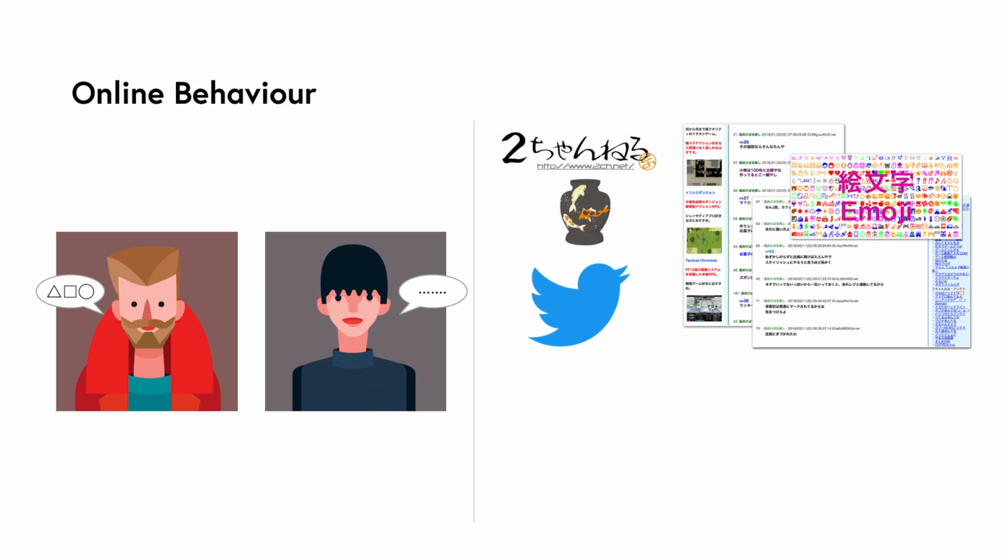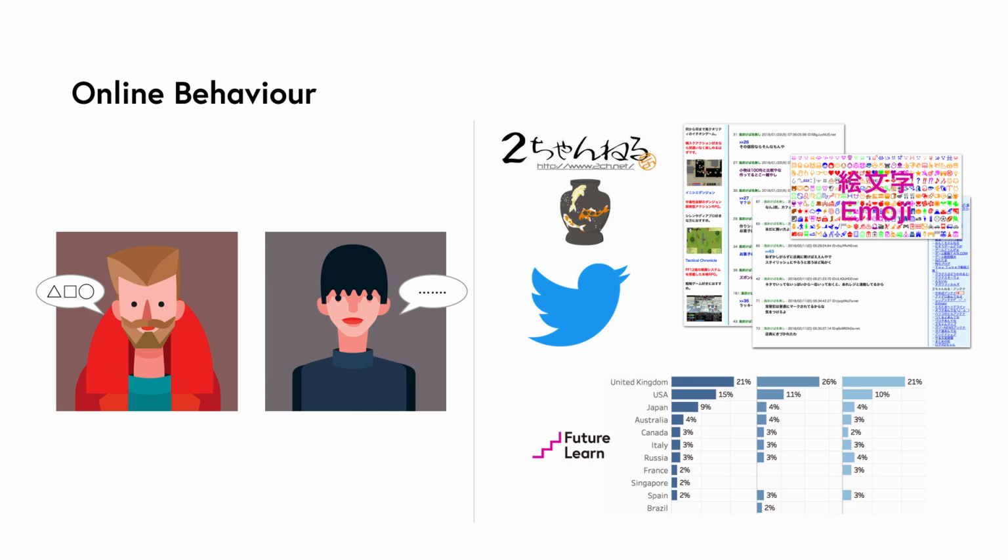Let me give you one example. On our FutureLearn course, as you can see in this chart, we get many online learners from Japan, following the UK and the States. This is quite unique because FutureLearn is still not that well known in Japan, and all other courses have only few Japanese learners.